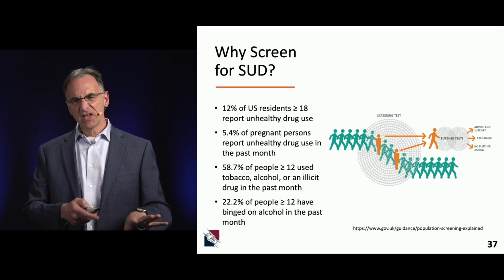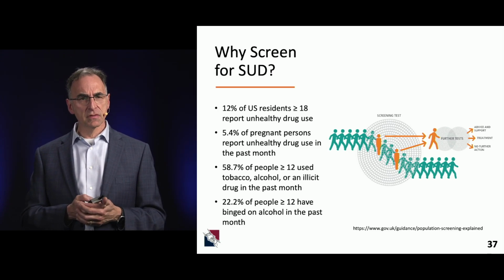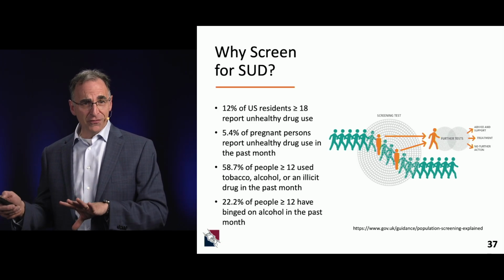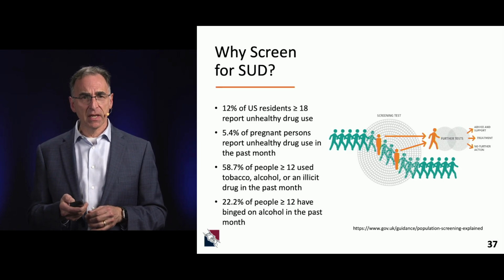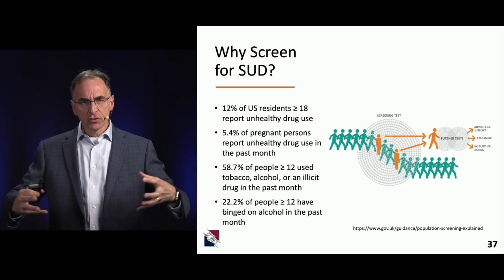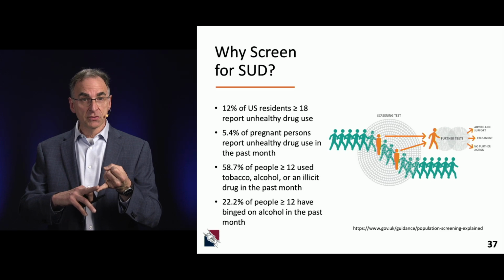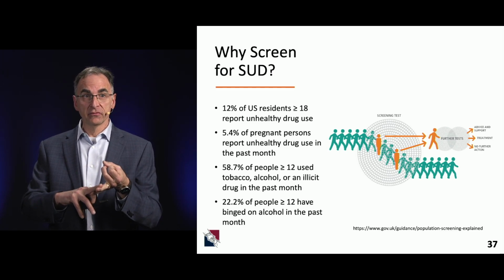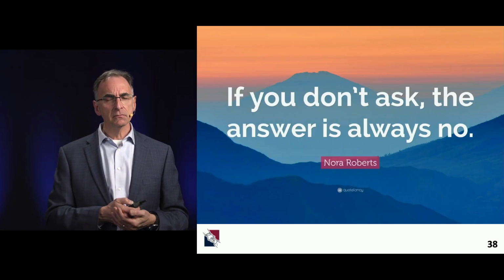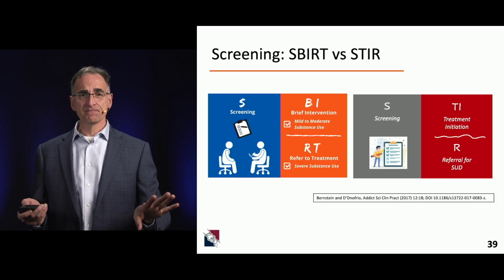We all know seeing the increased use of vaping as having a tremendous negative impact on youth. 22% of people or children aged 12 and over have binged on alcohol in the past month. So we screen because amongst the large population, we look at identifying someone who either has a substance use disorder or is at risk of substance use and trying to funnel them into some degree of treatment. But at the end of the day, if you don't ask, the answer is always no.